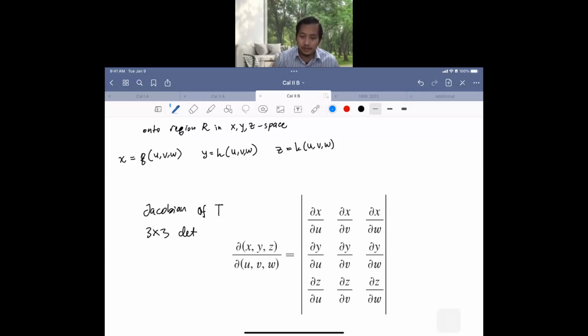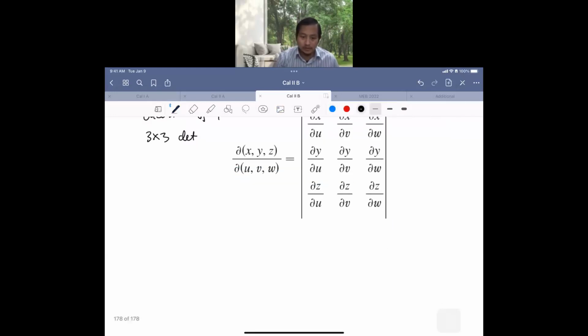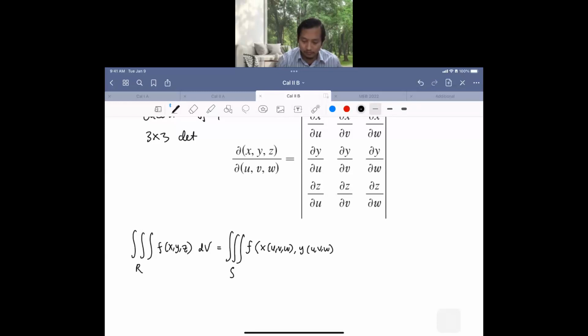And under the same hypothesis, we can construct the triple integral for this transformation S. Let me just write the triple integral over R with mapping to S, and then the Jacobian added at the end.